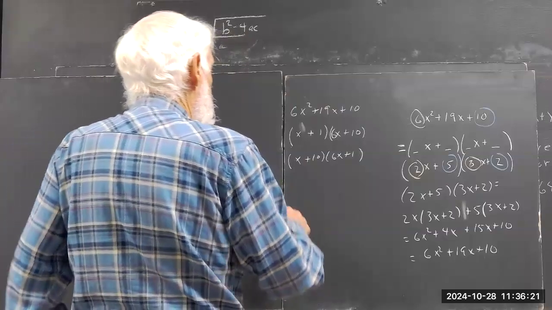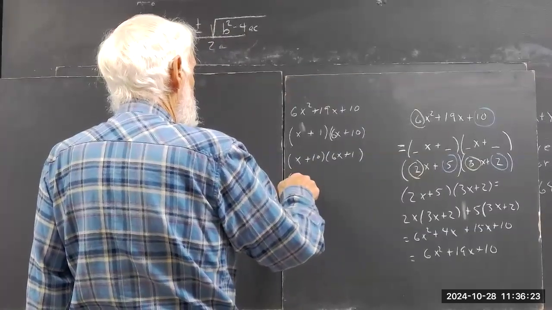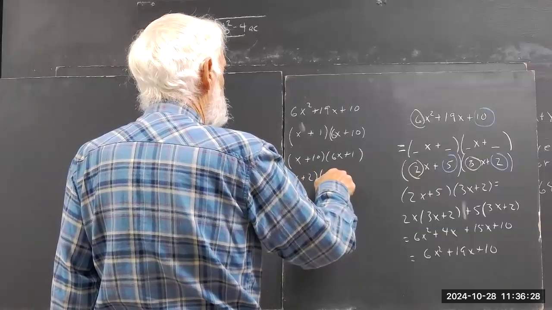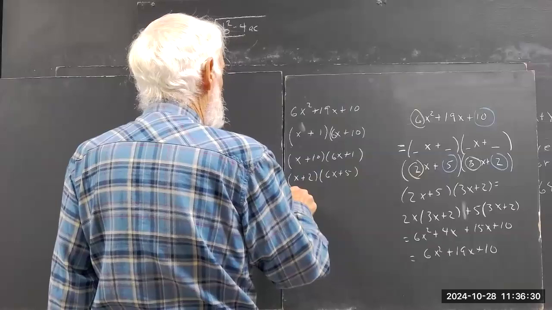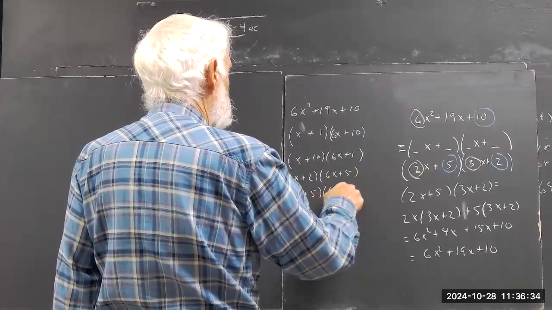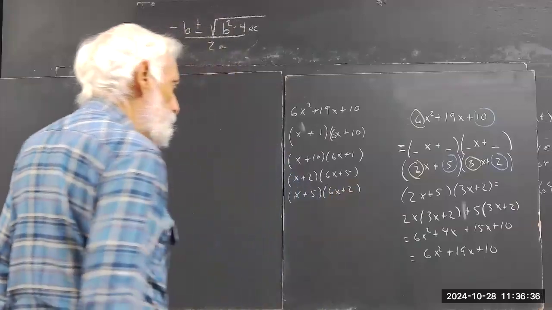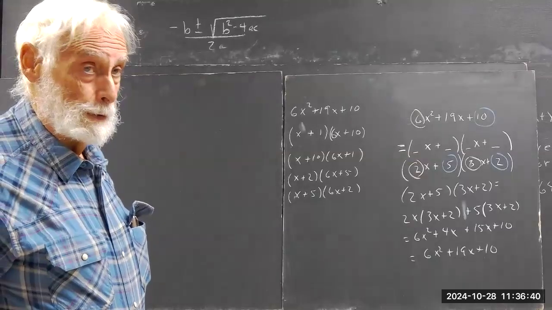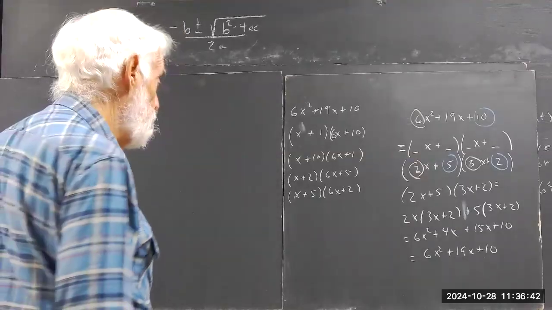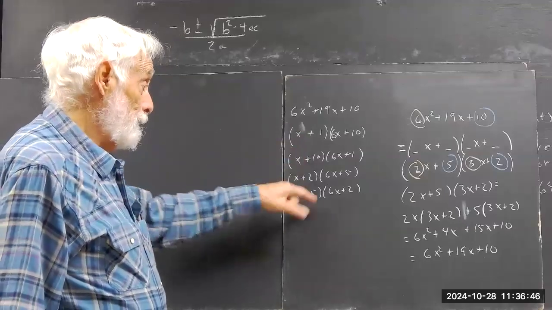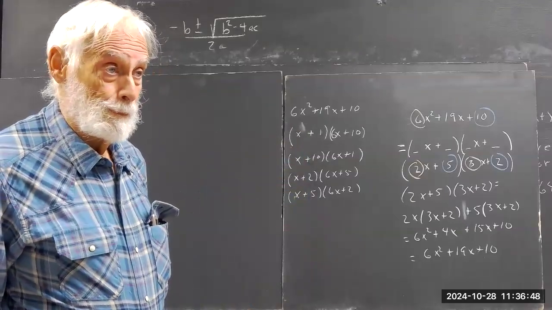Or it could have been x plus 2 times 6x plus 5. Or it could have been x plus 5 times 6x plus 2. All of these give you different results. Now it's none of those, but if you don't know, you might have to try all these.